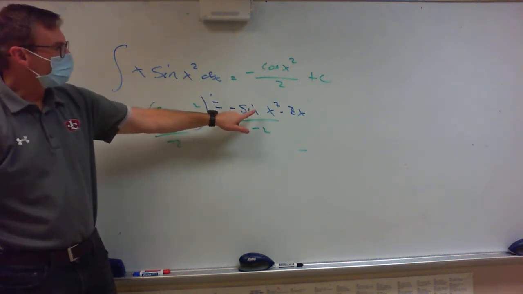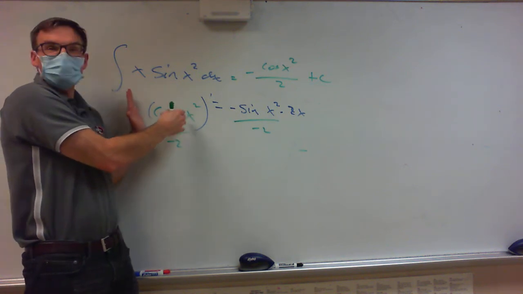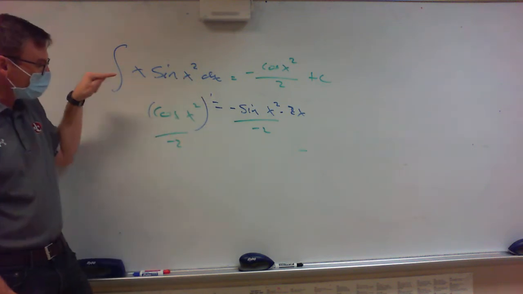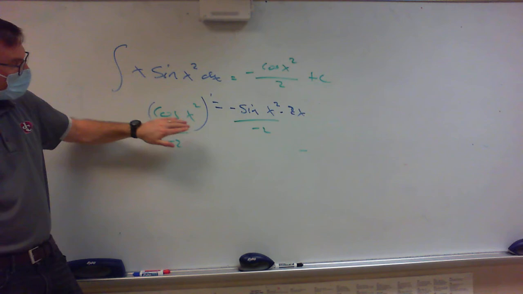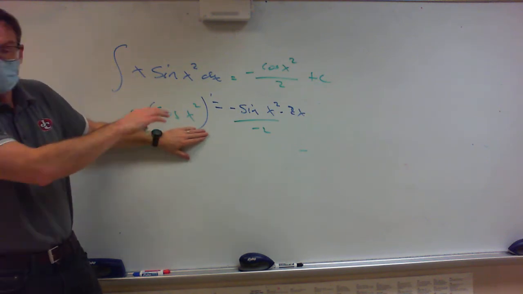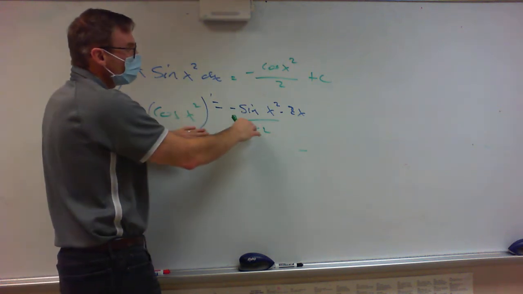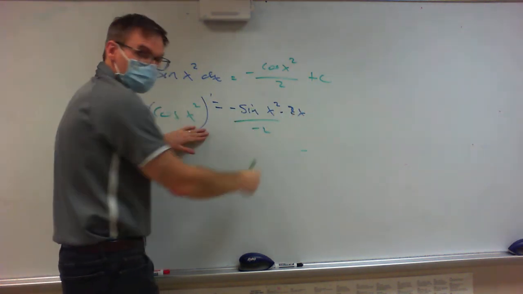Okay. So this was your guess, right? Yep. And then I'm trying to make sure that when I take the derivative of the guess, I get my original problem. I'm trying to say, whatever I put here, when I take the derivative it exactly equals this. But when I put this down, I take the derivative and see how close I got. So when I take the derivative of this, I get negative sine x squared times 2x, right?